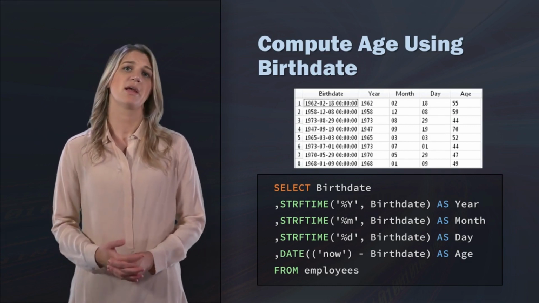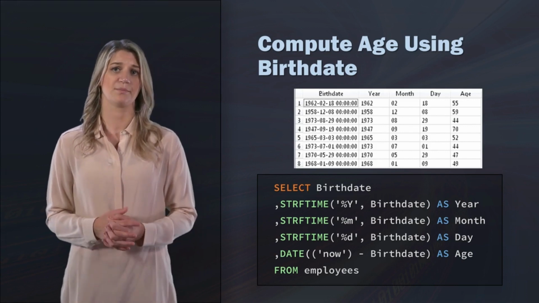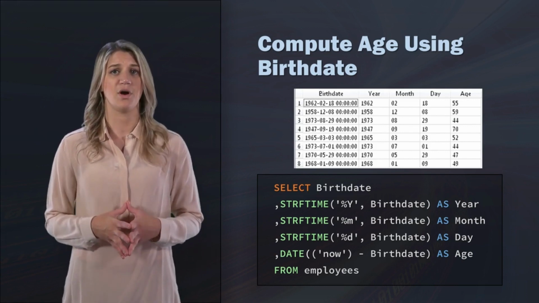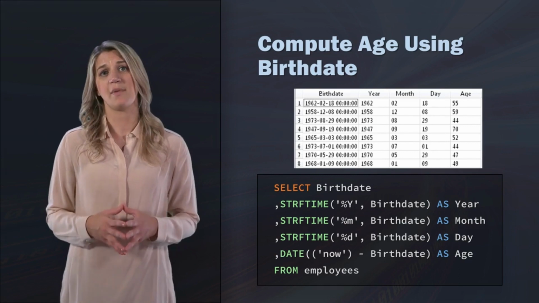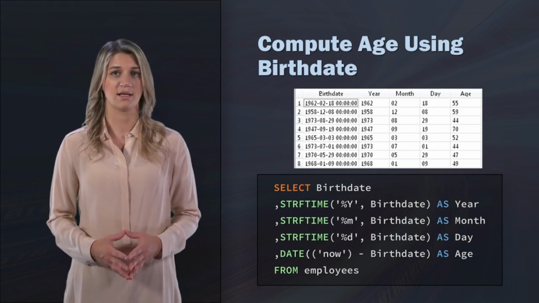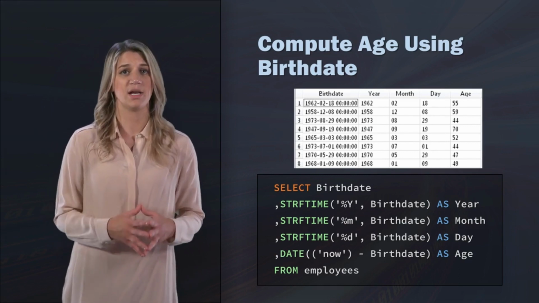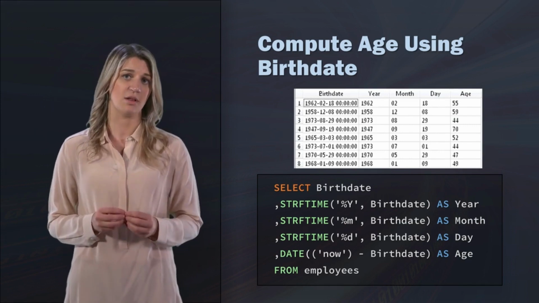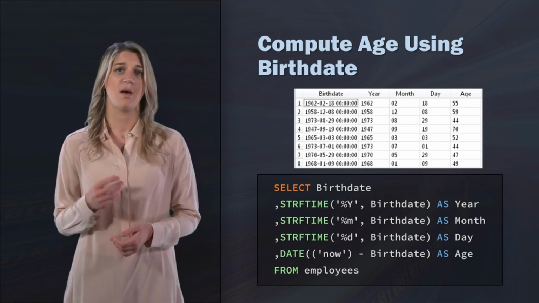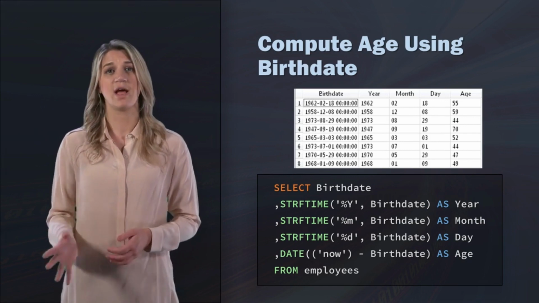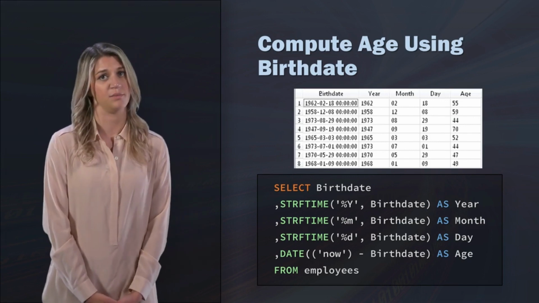That return is the age as a number. In this table below, you can see that I now have my original column birth date. Then I have separated this data into these columns for the individual year, month, and day, and then finally I have my new calculated column for the age.